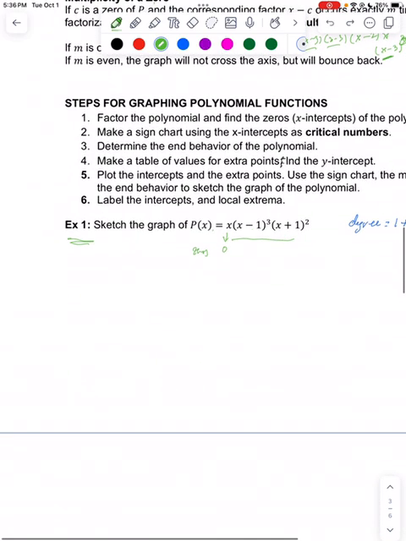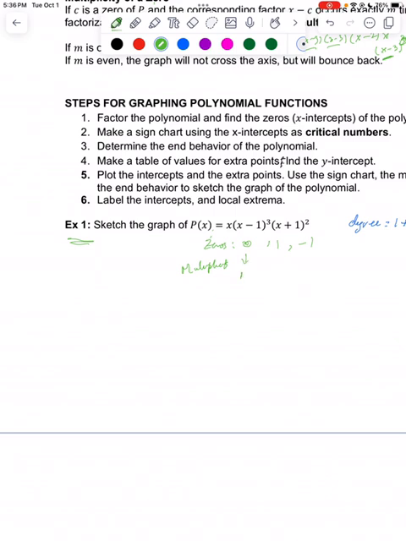What is the multiplicity? The multiplicity of 0 is 1 because x is appearing only one time. The multiplicity of 1 is 3 and the multiplicity of negative 1 is 2.